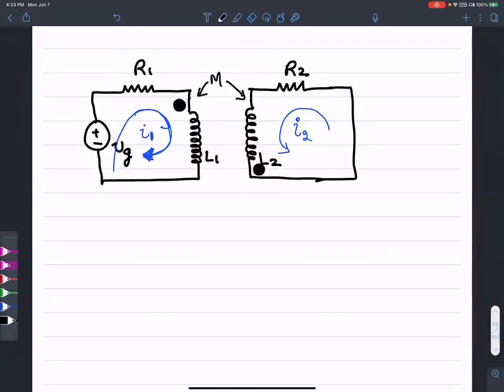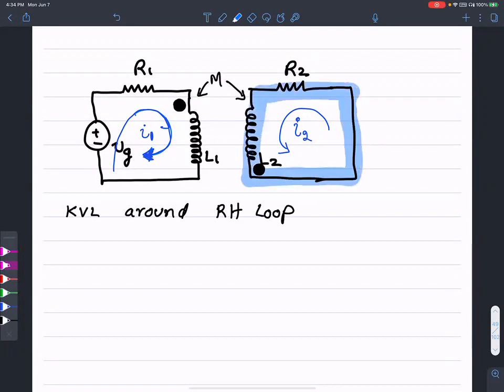So what I want to do is to set up KVL around the right hand loop, or the loop that has this guy. That loop is what I'm interested in. Let's see how I can set that up.